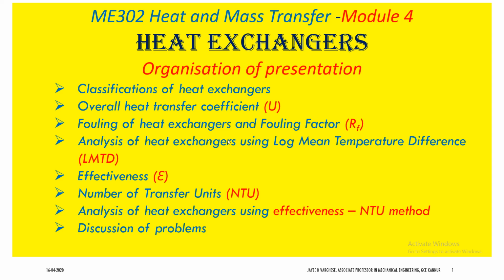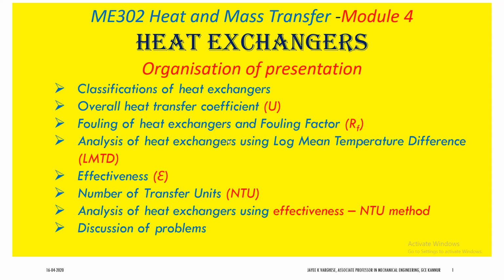Then we have the concept of effectiveness and number of transfer units. After understanding the effectiveness and NTU, we will discuss the analysis of heat exchangers using the effectiveness-NTU method.